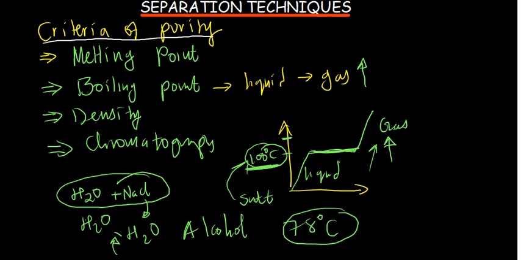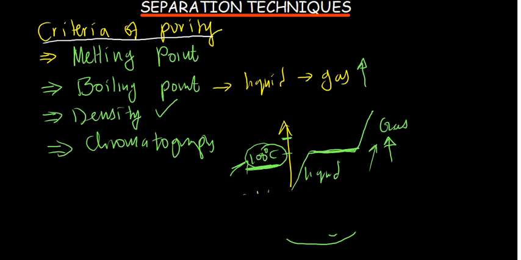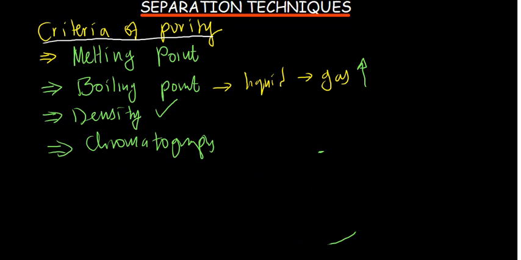If you talk about density, each compound or each substance has got its own density. That one we also need to know. For example, the density of water is given as 1000 kg per meter cubed.